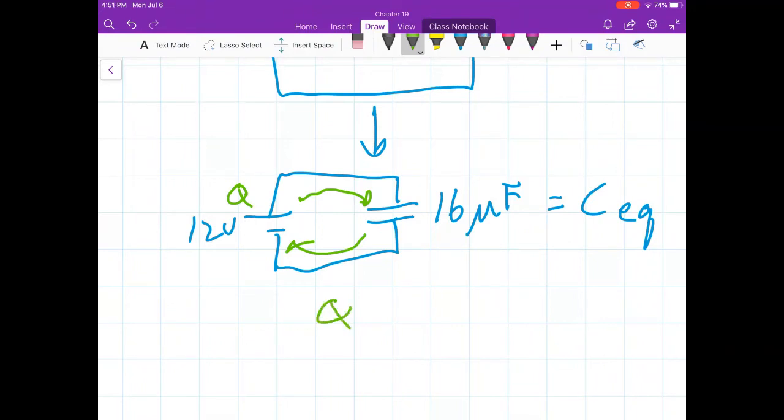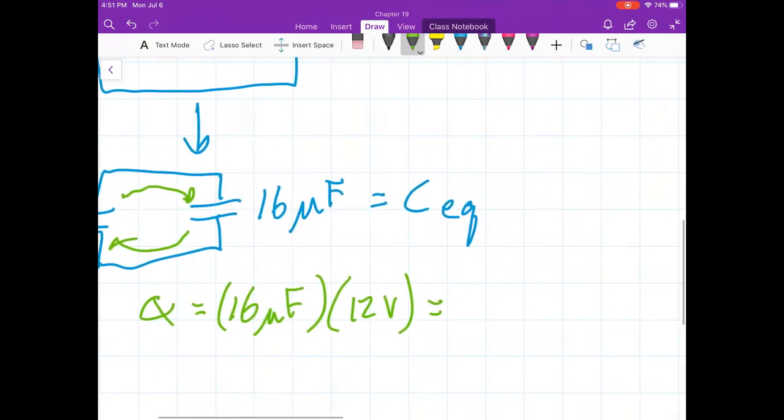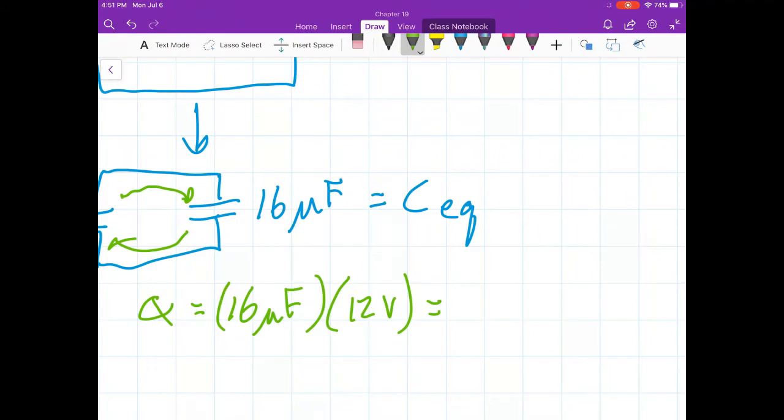That charge is the capacitance, 16 microfarad, times delta V, which is 12 volts. Here you could use a calculator: 16 times 12 is 192. Let's look at the units. We have microfarad times volt, and the unit of charge is the coulomb.